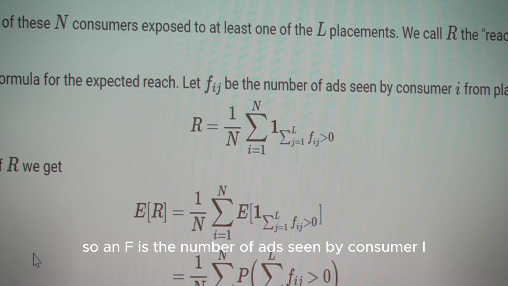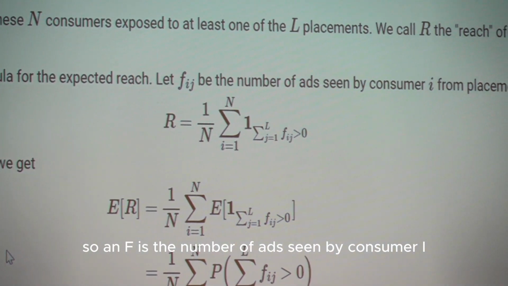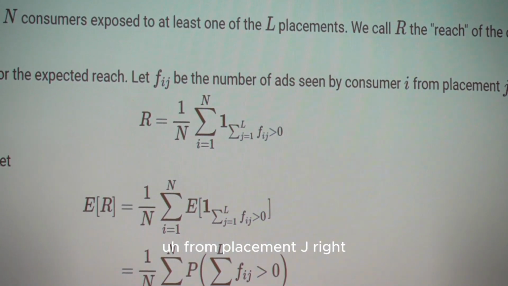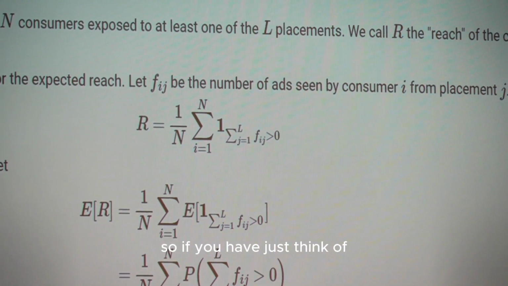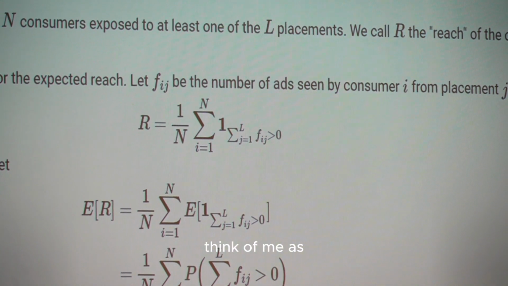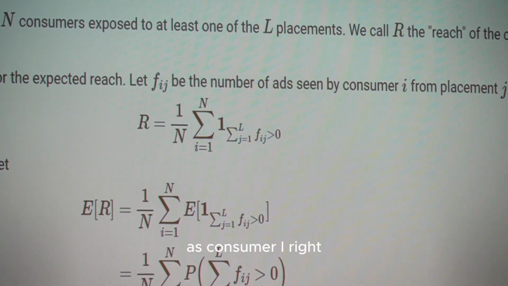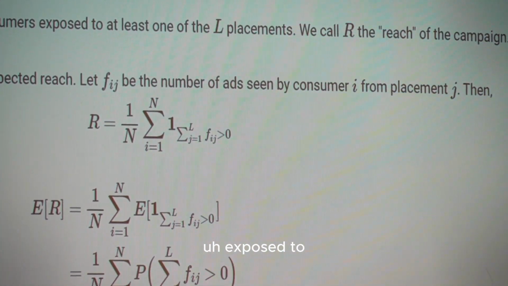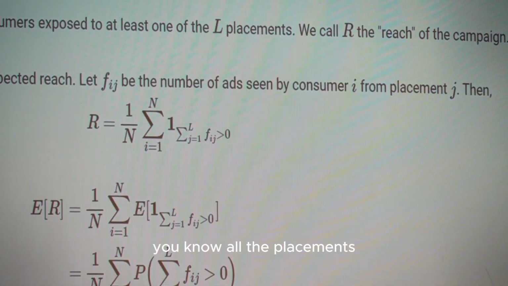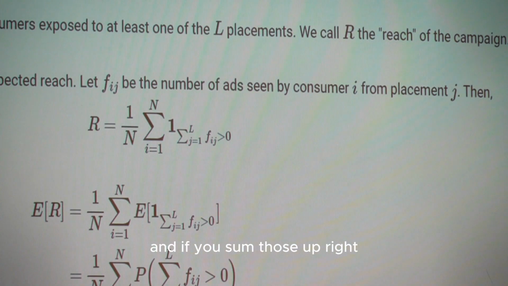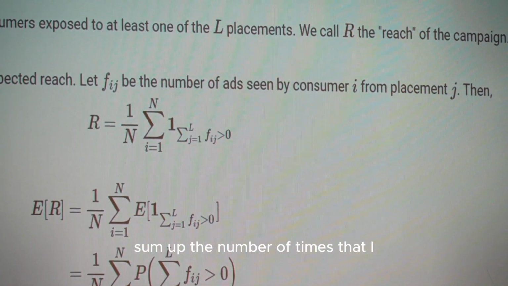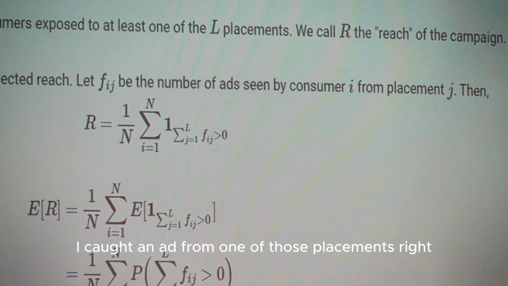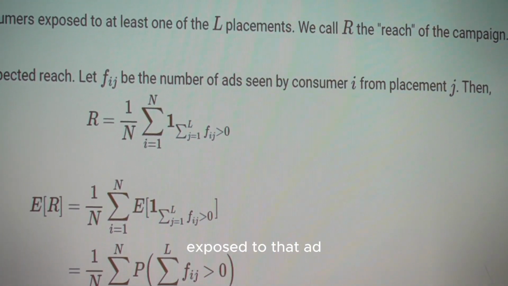So F_ij is the number of ads seen by consumer i from placement j. Think of me as consumer i. I will potentially be exposed to all the placements, and if you sum up the number of times I caught an ad from those placements, that's the total number of times I've been exposed to that ad.